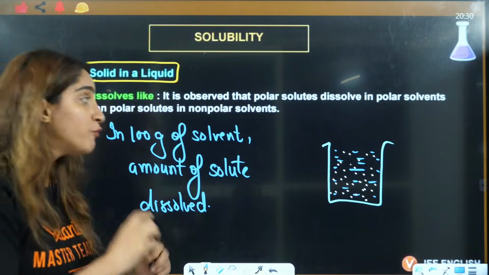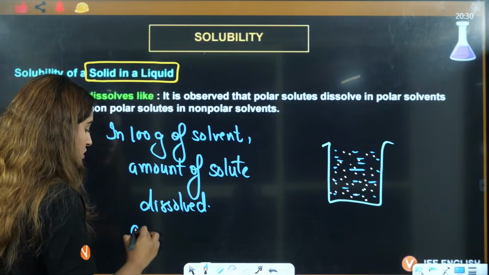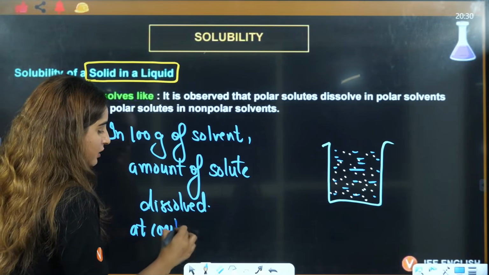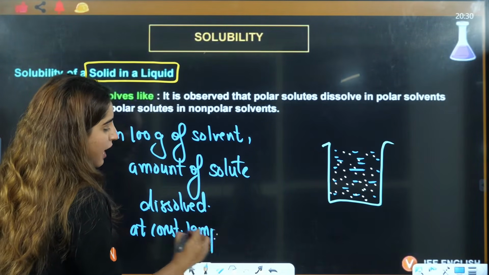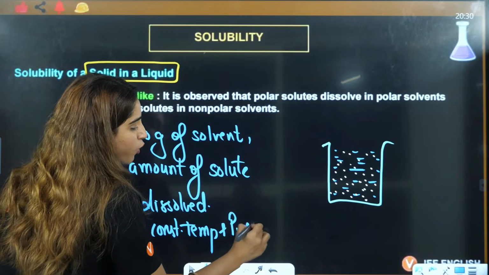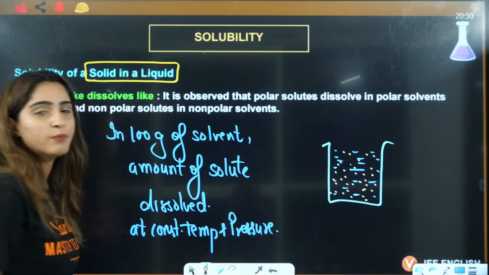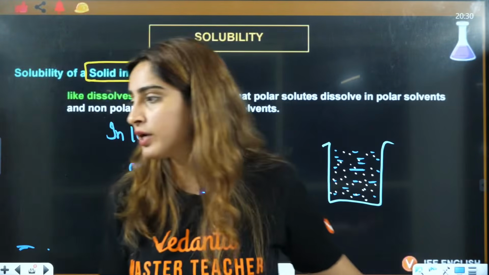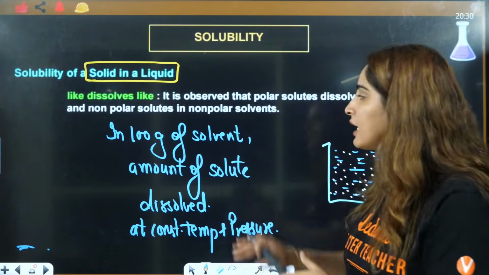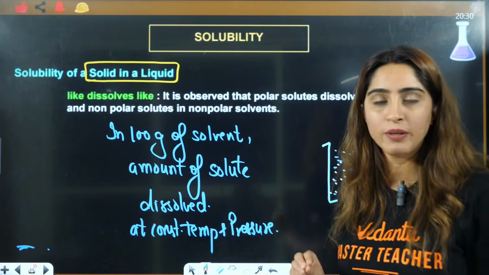But here we are talking about at constant temperature and pressure, at constant temperature and pressure. Okay, understood everybody, what is the definition of solubility, right?